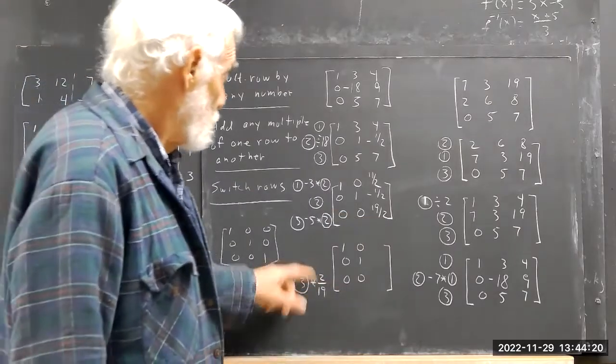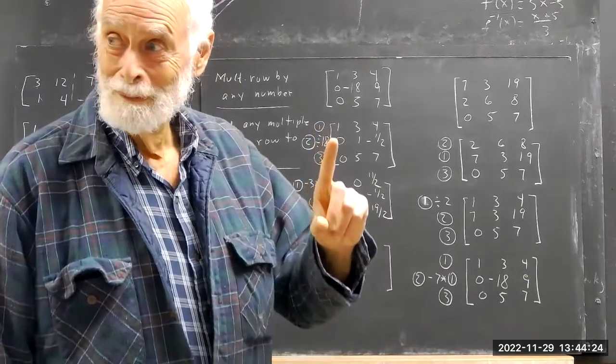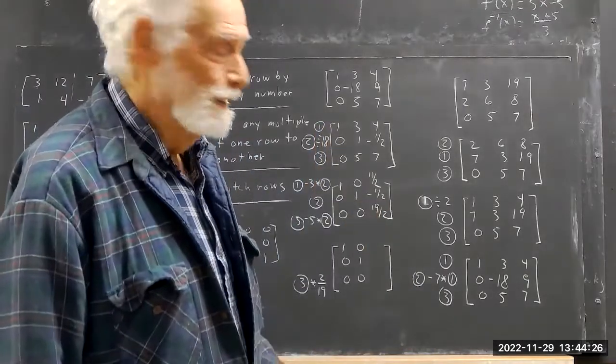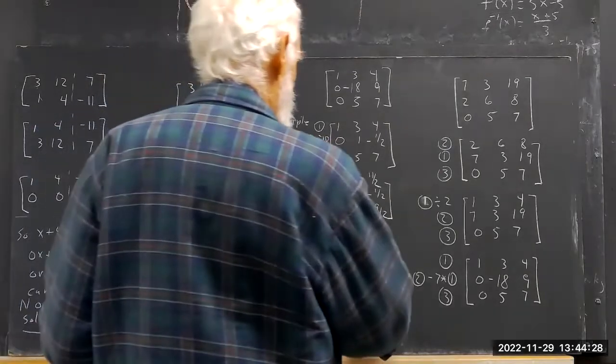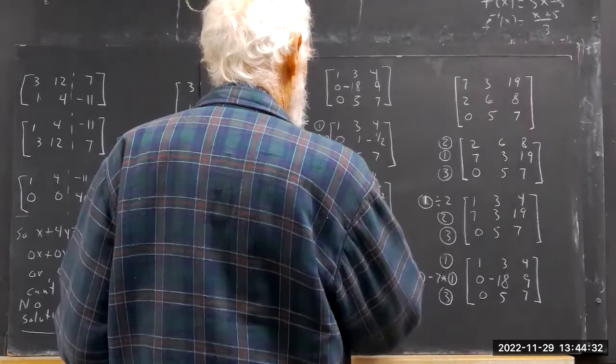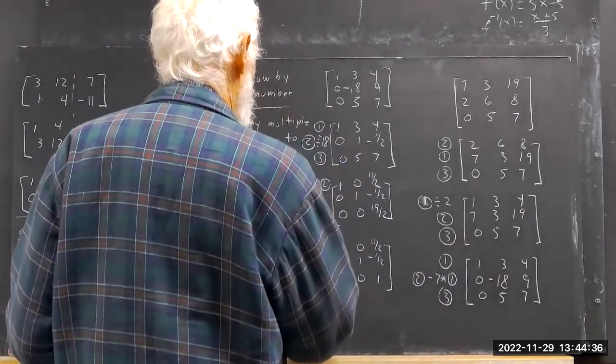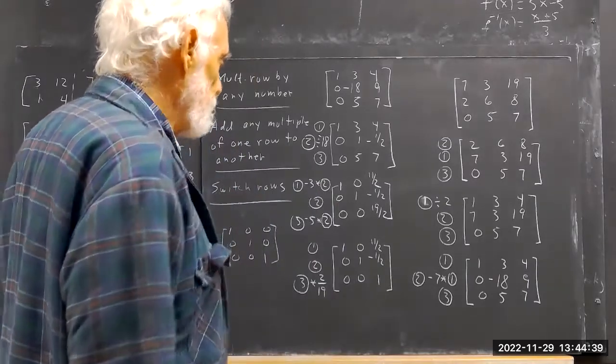Well, 2/19 times 19/2 is 1. Okay. Then I'm still going to have 11/2. Negative 1/2, because I'm going to save the final operations.